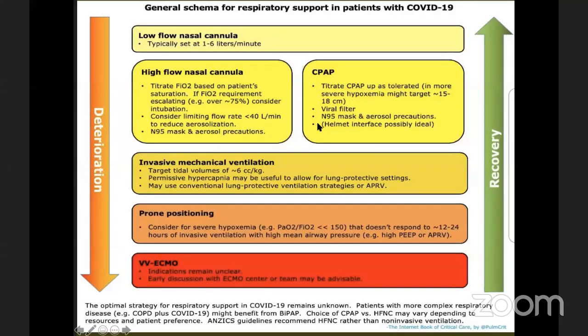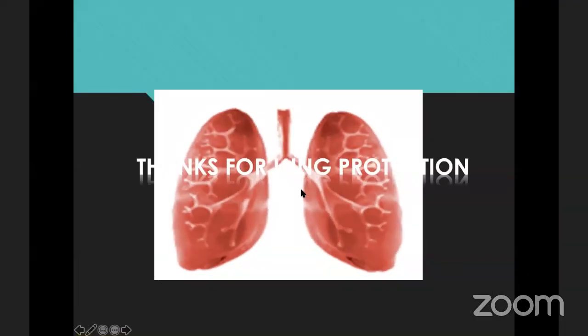If they failed for that or they are not fit, or there is a contraindication like low GCS, they could not maintain the airway, you will go for invasive mechanical ventilation. If the PF ratio, as we mentioned, is below 150, you will go for proning position in addition to muscle relaxant. If failed, you will go for VV ECMO.